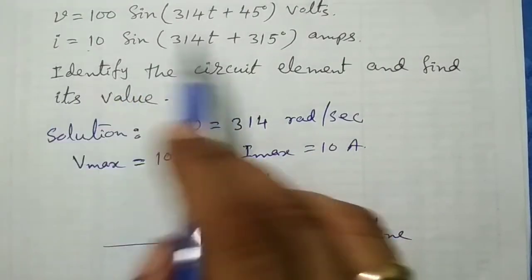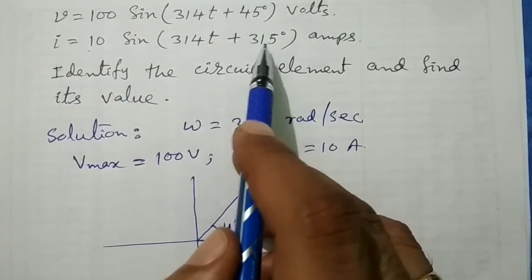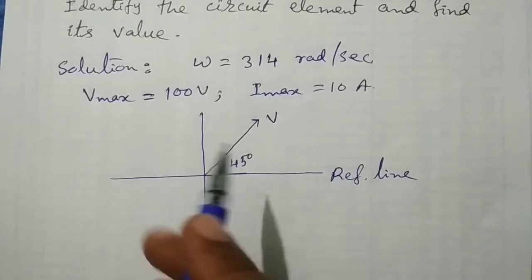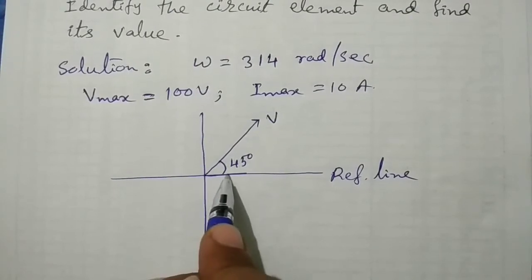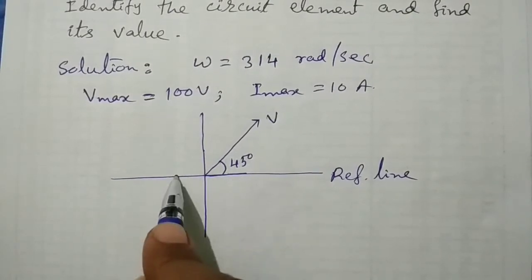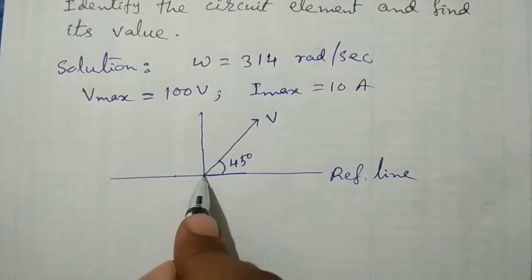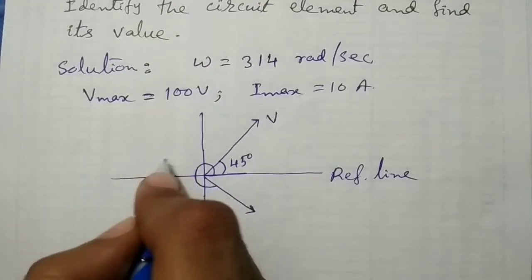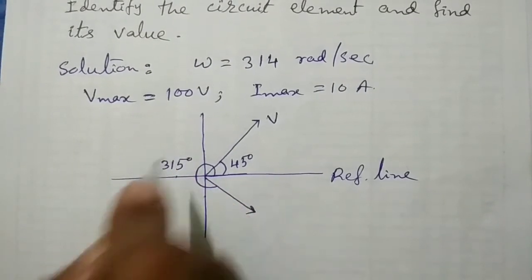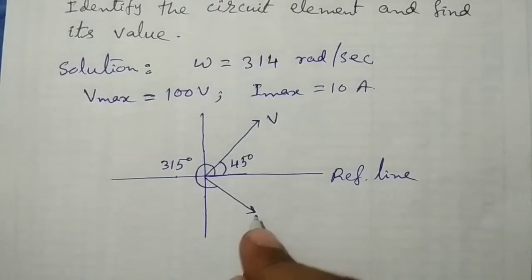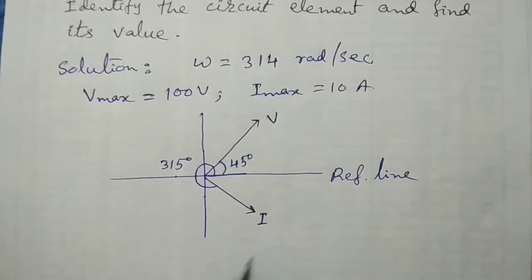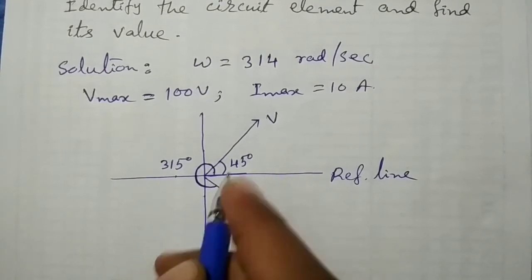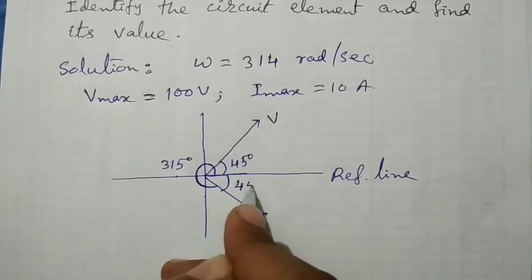So the phase angle of the current is plus 315 degree. The plus angle is considered in the anti-clockwise direction. So here it is 90 degree, 180 degree, 270 degree, and then it will be here, that is 315 degree. It is the phasor of the current I. Now if it is 315 degree, then definitely this angle will be 45 degree.